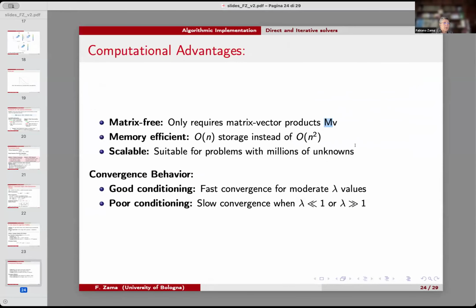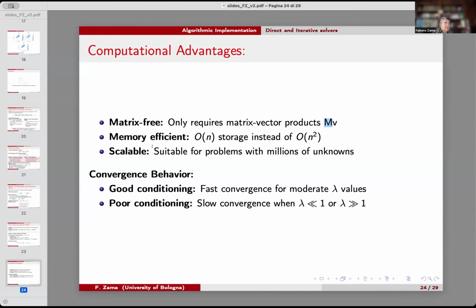It is efficient from the computational point of view, and also from the point of view of memory: instead of the storage of n squared, we have only n, because we can avoid forming the matrix.